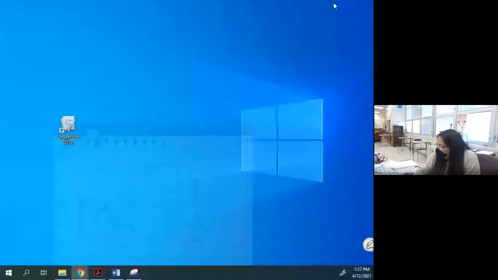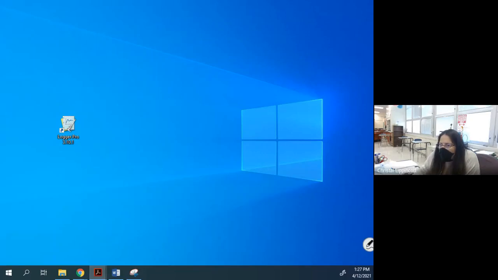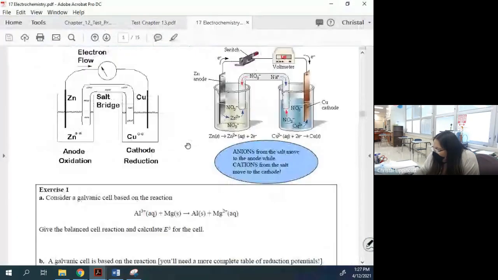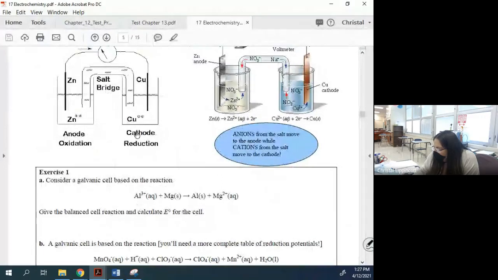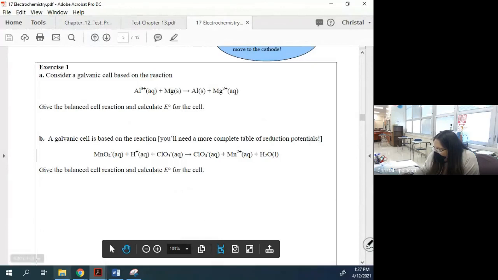Okay, so that takes care of that diagram. Let's go over here and drag this back over. So we were looking at, went through that with you, and then we're considering a galvanic cell based on this reaction.